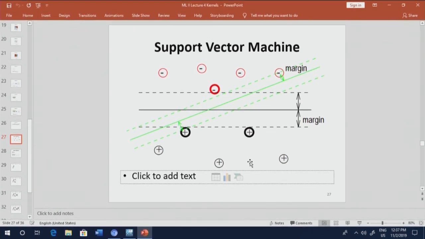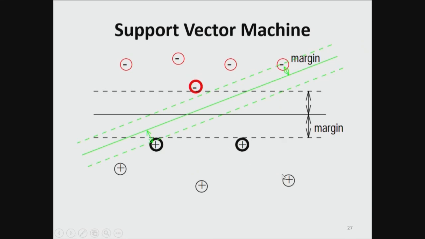Now we come to the next topic, that is support vector machine. Suppose we have data consisting of two types. One is represented by red circles.